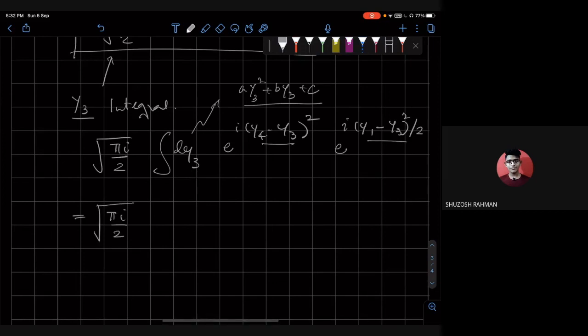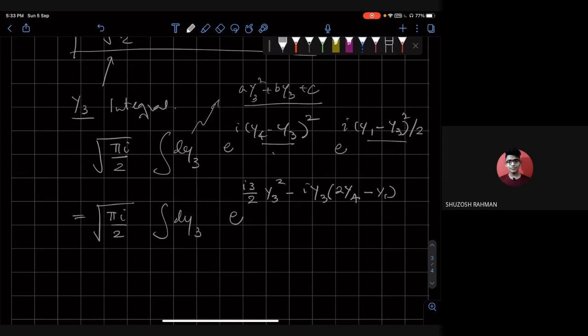So we have dy3 e to the power, now the coefficient is no longer i by 2, it's 3 halves, i 3 halves y3 squared, and then minus i y3 times 2 y4, because there's a square coming from the y4, and then minus y1.